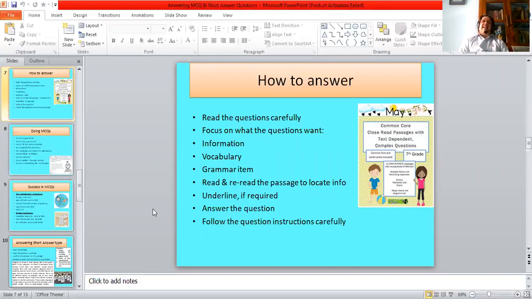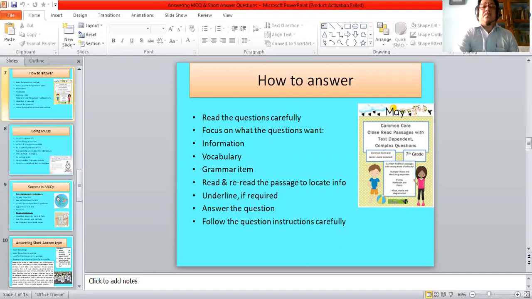And as far as the short answer type questions are concerned, again, a close reading of the passage and ability to condense the information briefly within a sentence or two is also very, very important. Okay. So these are a few points that I wish to mention regarding the preparation for MCQ type and short answer type of questions.